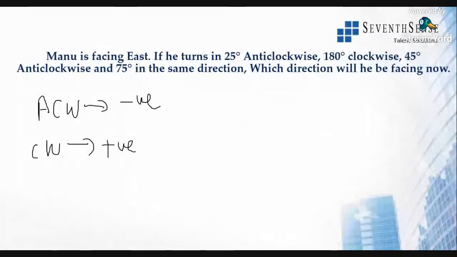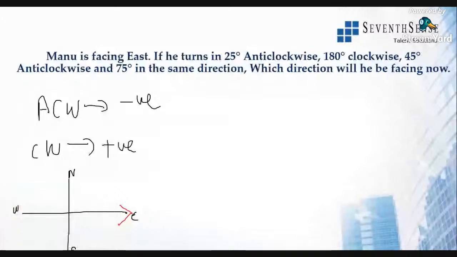Now with the directions north, south, east, west, always remember this: even if it is 10 degrees more than west, it will be northwest. Say for example, if the direction comes to something like 10 degrees past west, the answer will be northwest. As of now, the person, Manu, is facing east.